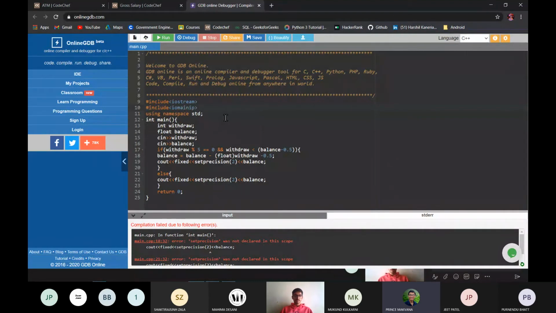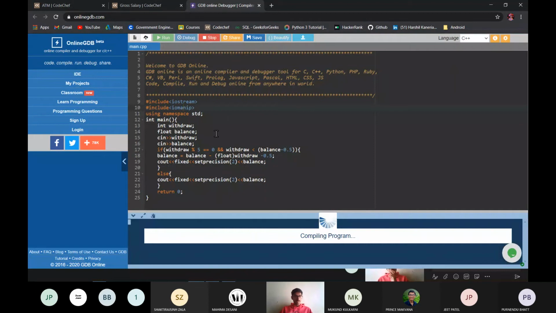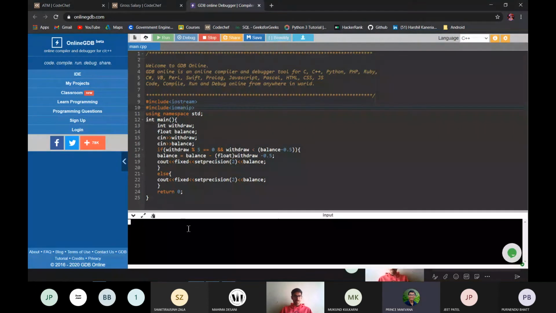Not main, it is iomanip. Let us run this. Now it is working. Yes, now there is 2-digit precision after the decimal point.